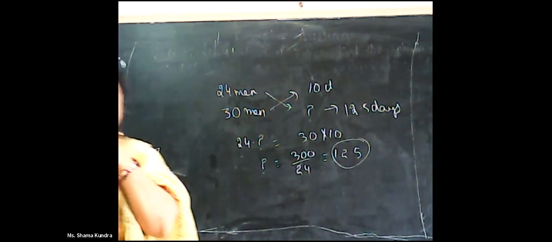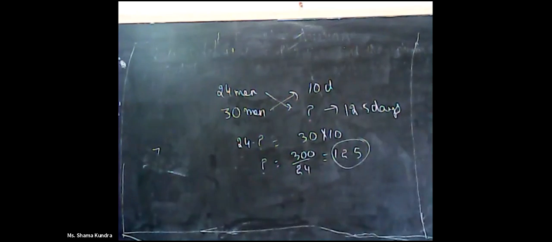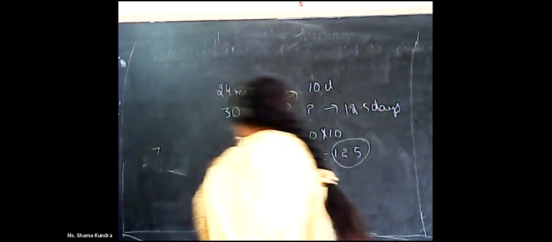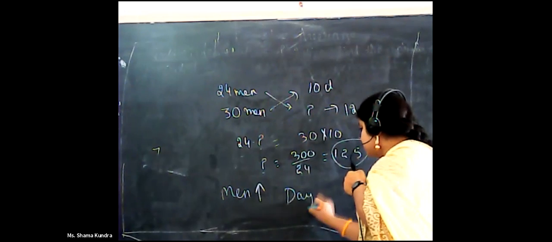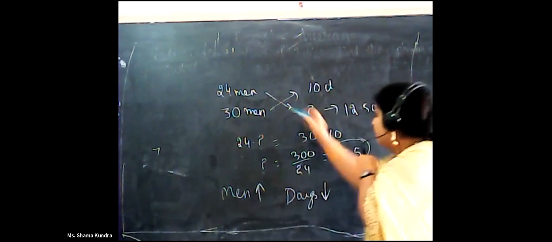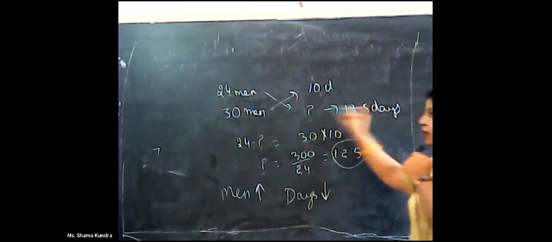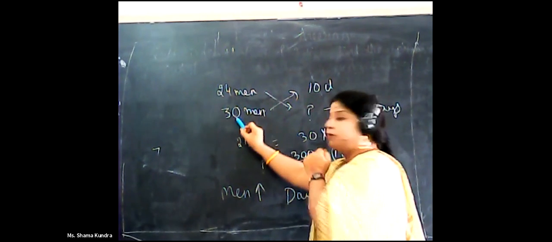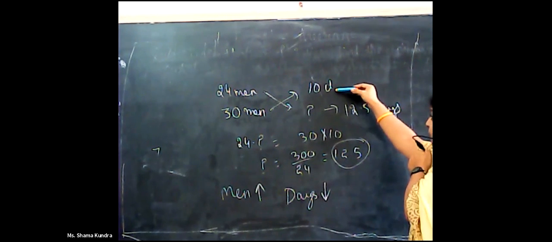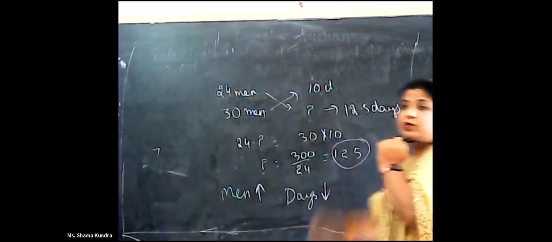Why is it wrong? What we learned at the start: if the number of men increases, days should decrease. But here, the number of men increases from 24 to 30, and on solving, the answer increases from 10 days to 12.5 days.